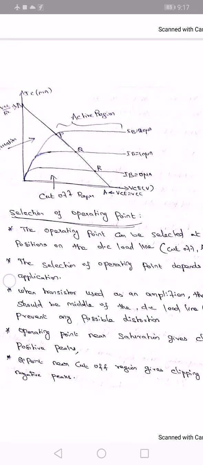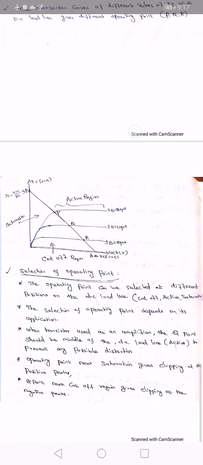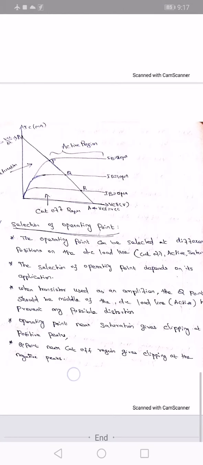So based on the application, we have to select the operating point in the circuit. The operating point can be selected at a different position on the DC load line. For example, P, Q, R: there is the cutoff region, active region and saturation region. The selection of operating point depends on its application.